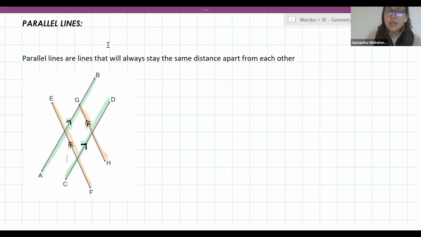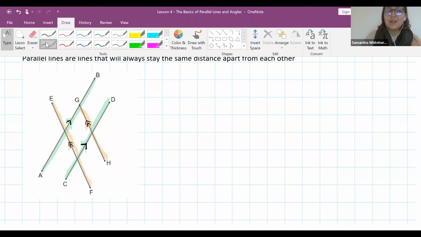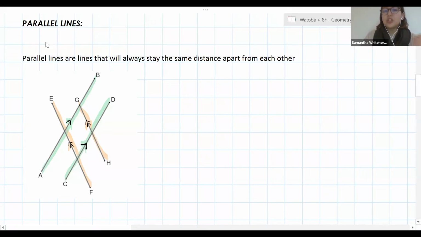All I'm doing right now is explaining what parallel lines are and how you will be shown that on a diagram. If I want to write down which lines are parallel, the symbol for parallel lines is two slanted lines next to each other. So if I look at my green lines, the line AB is parallel to the line CD.